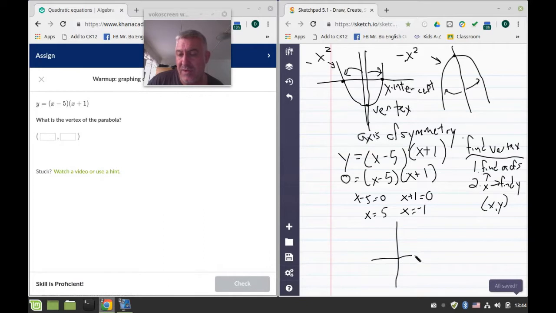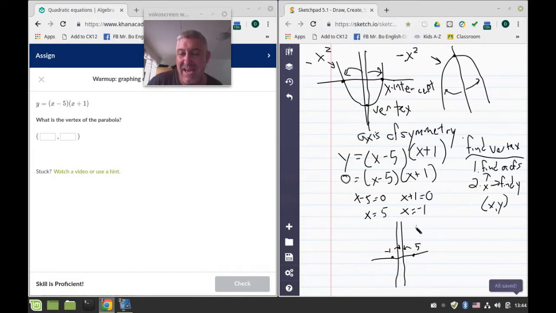So we have our x-intercepts here, those two spots, and then we need to find the axis of symmetry, and that's going to be right in the middle. It's going to be the same distance from both sides.